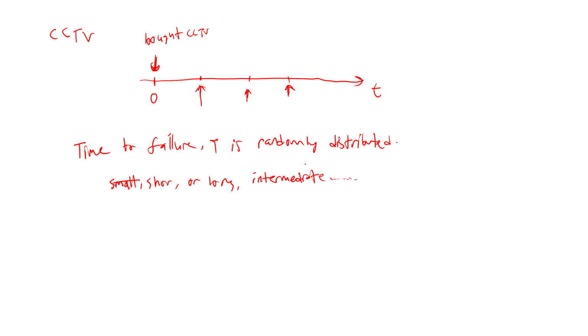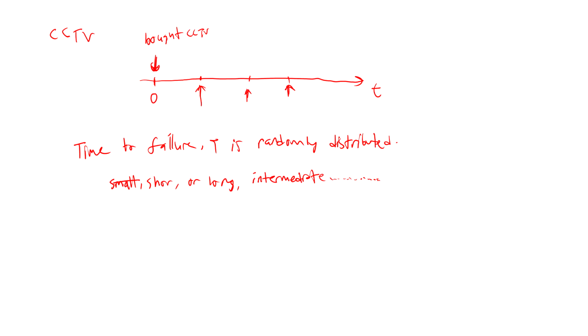So the best way to express time to failure is to treat it as a random variable. In statistics, a random variable is expressed using a probability density function.